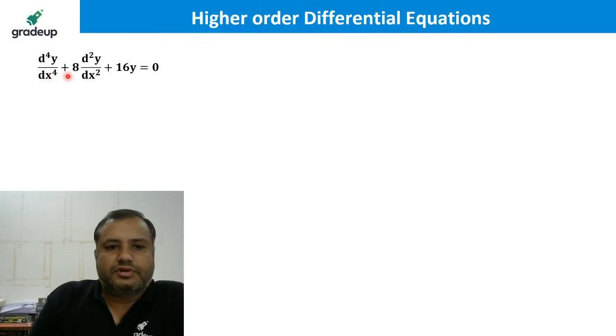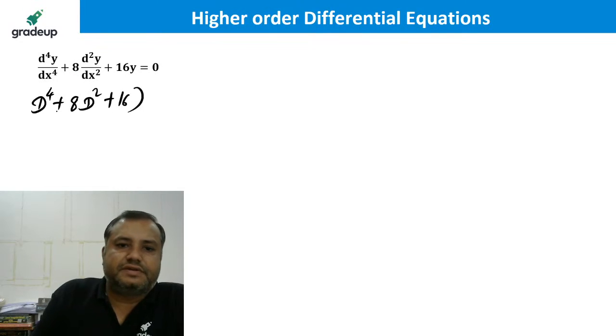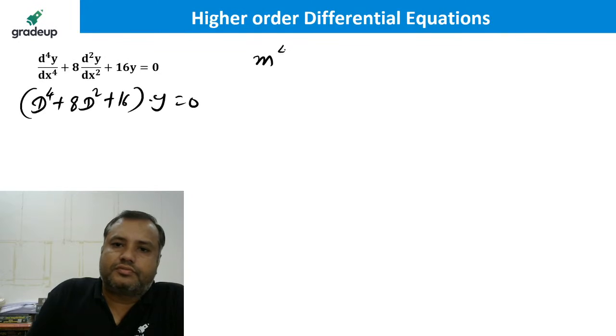d4y by dx4 plus 8d square plus 16 into y equal to 0. So m raised to 4, 8m square plus 16 equal to 0.